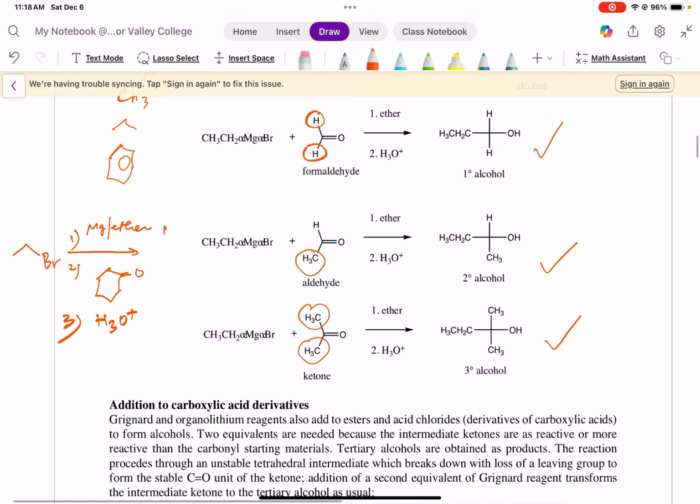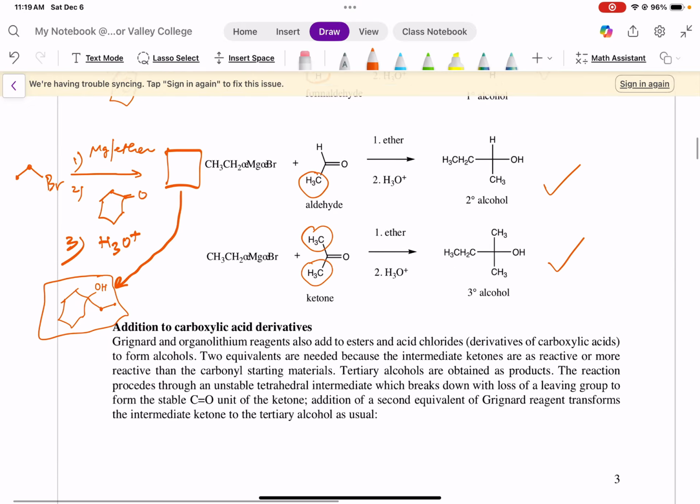Now with that, your product will be the ketone now becomes OH, and your ethyl will be added to the ketone. Okay, so that's how we do it.